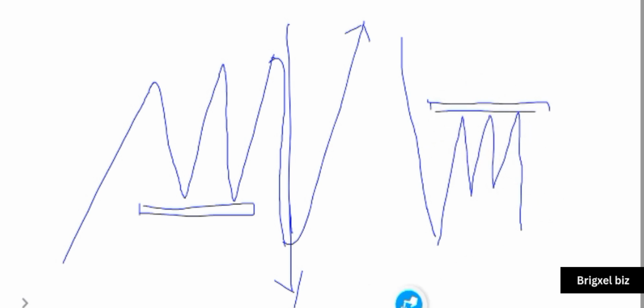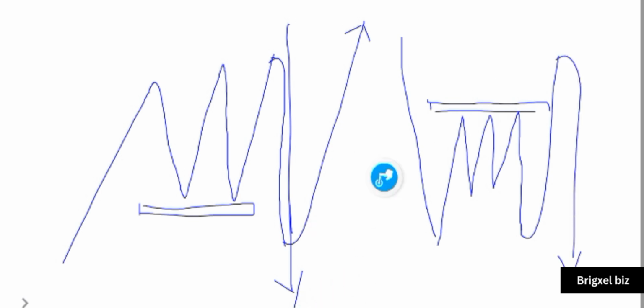The market would most likely move above that level to grab all the money around here, and after that, what would the market do? The market would reverse and continue in the downward direction. That's if the market is already in a downtrend. The market would move up, grab all these equal high liquidity, and continue in the downward direction. Of course, sometimes it could reverse and continue in the upward direction.